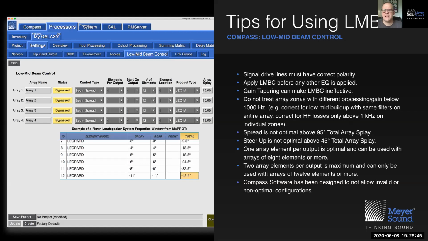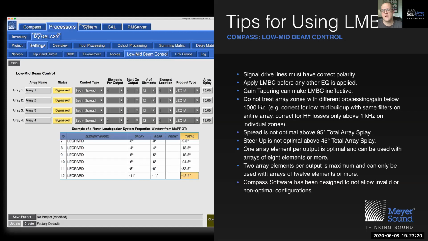Gain tapering can make LMBC ineffective. Yes, because if you build in a level offset, then you do not exploit the time shift that you just applied. So that would be very ill-advised. Also, for those that zone their arrays to compensate for air losses below 1 kilohertz, you want to treat your array as one big system, which means that below 1 kilohertz, you don't want to use any different EQ at those frequencies.